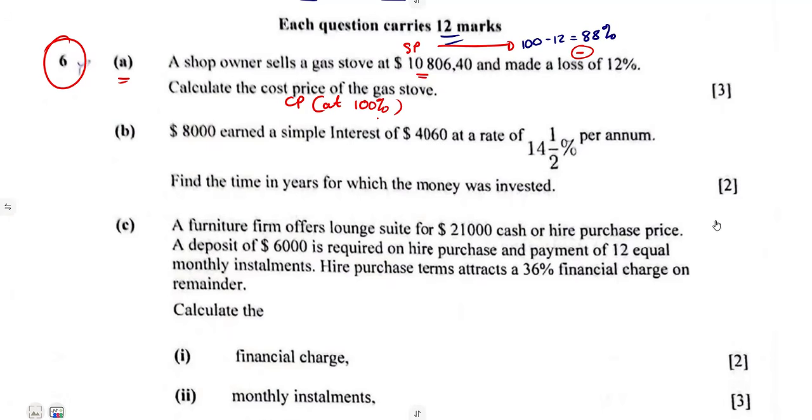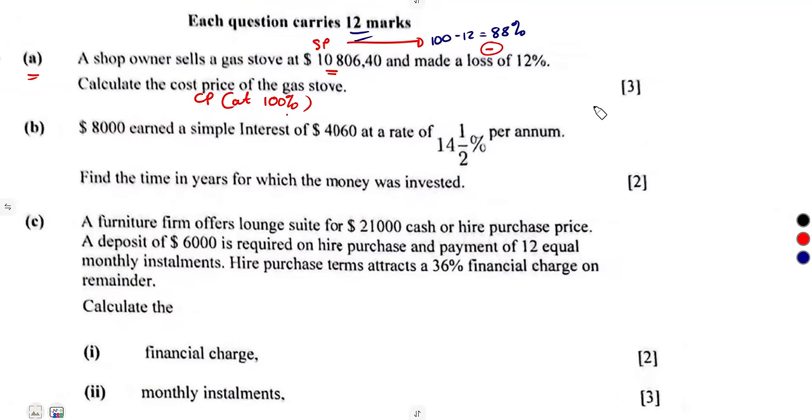You can use a proportion to answer this type of question. 88% represents the selling price that is given, 10,806.40. What about the cost price, which is found at 100%? What is the value representing your cost price?